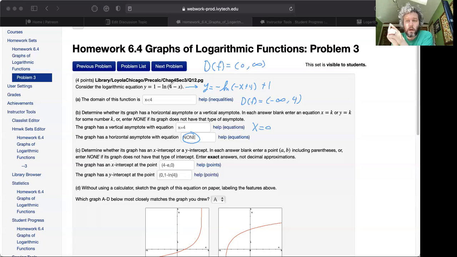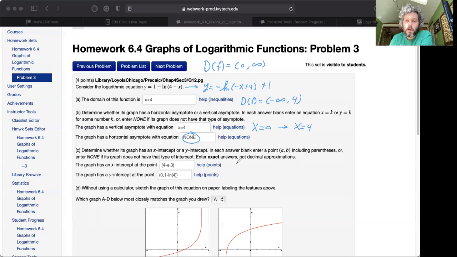So because of the combination of those two, it shifts the graph to the right. It's going to shift this to be x equals 4. So now the vertical asymptote is at x equals 4. Hopefully that helps. And then how do we find the x and y intercepts?